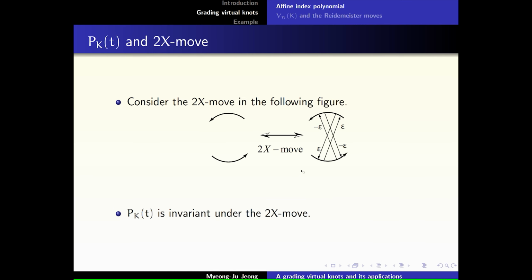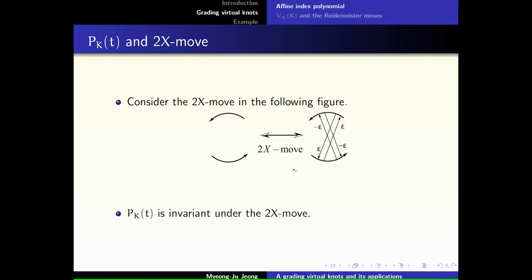Actually, the affine index polynomial is not so strong for comparing virtual knots. If two virtual knots are related by a delta move, then they cannot be distinguished.